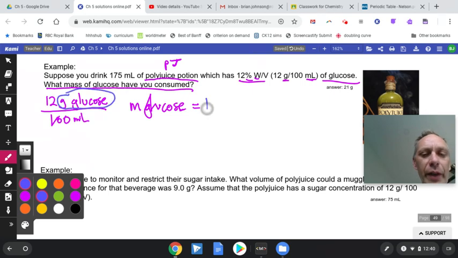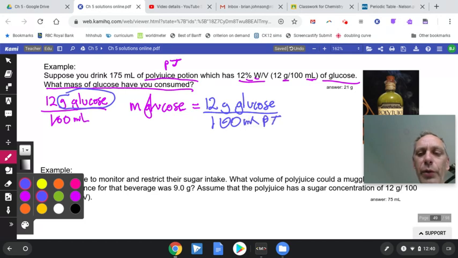So I'm going to start with that on top: 12 grams of glucose in every 100 mL of Polyjuice Potion. So we just have to get rid of the milliliters of Polyjuice. And here's how we get rid of it.